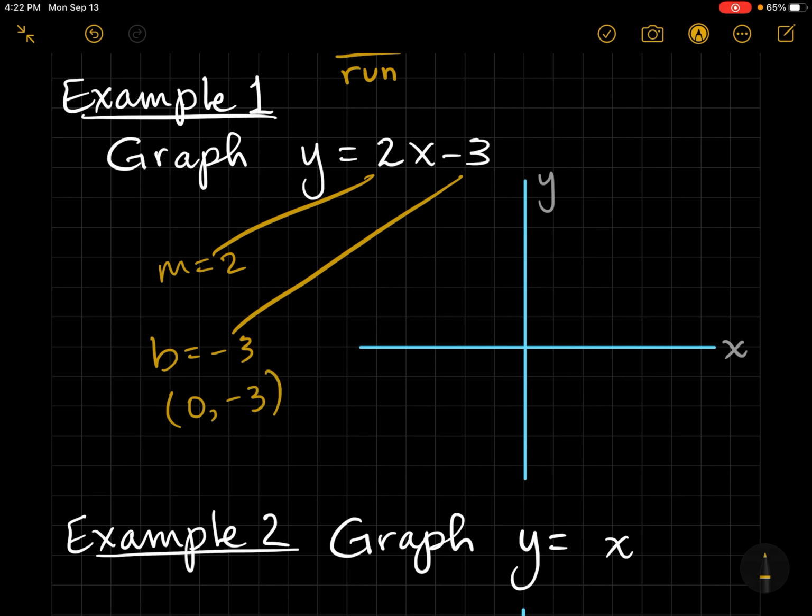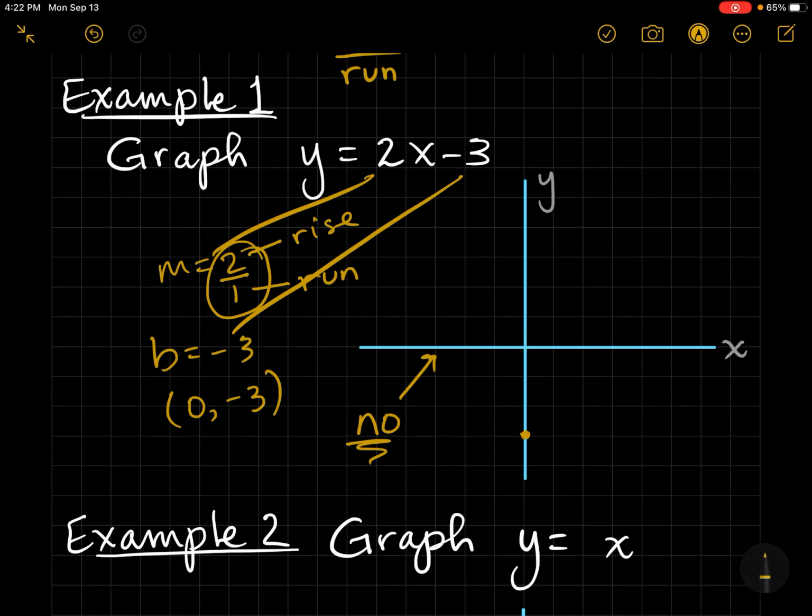Okay, that's always on the y-axis. Never, no, do not go to the x-axis. That's a common mistake. We go to the y-axis, and now the slope, I like to write it as a fraction, where 2 is the rise and 1 is the run.